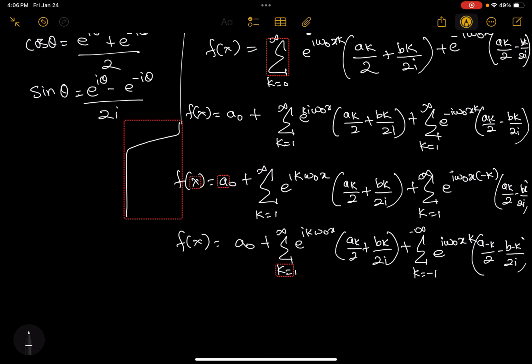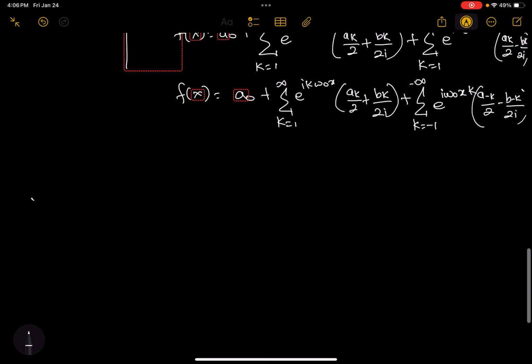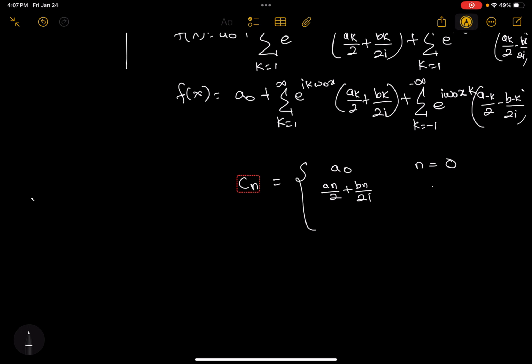Okay, so now if I define a new constant, let's say c of n, to be a naught for n equal to 0, and to be a sub n by 2 plus b sub n by 2I if n is greater than 0, for positive numbers, and a sub minus n by 2 minus b sub minus n by 2I for n less than 0, for negative numbers.